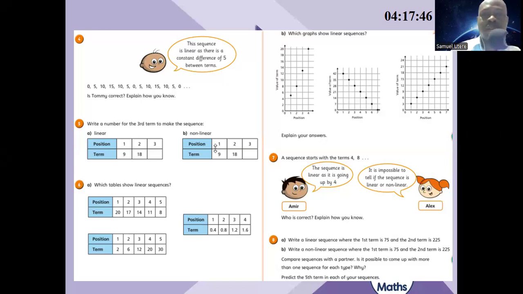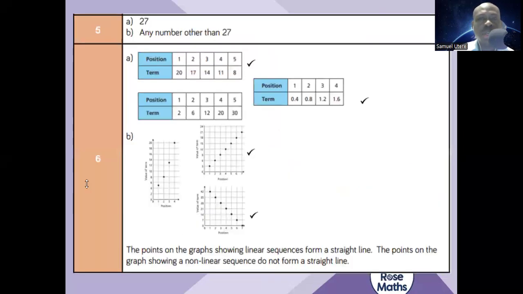Okay, it's time to check our answers. For this one, you're asked to write a number to make the sequence linear and here non-linear. So this one, you're asked to check which one is linear and which one is non-linear. So here are the answers.